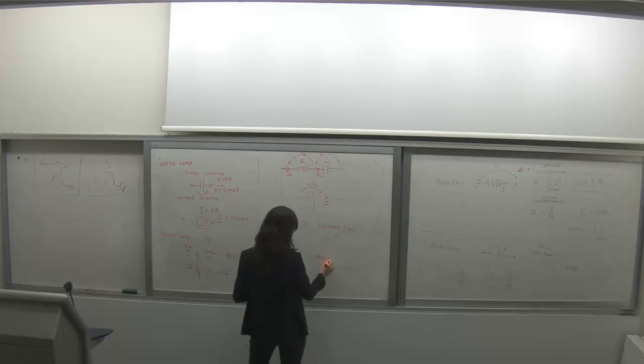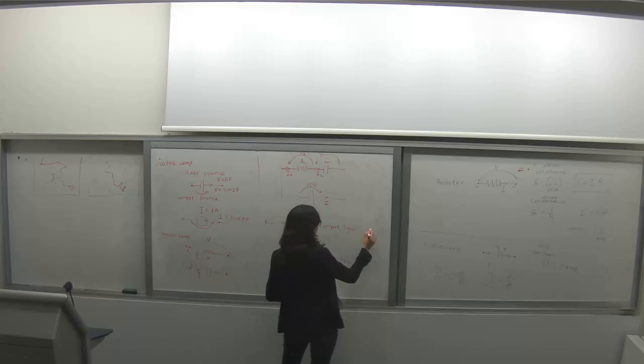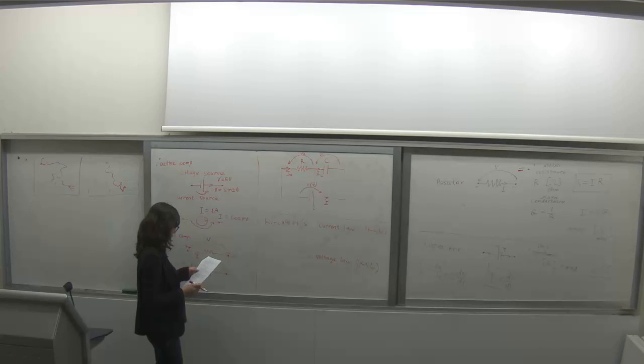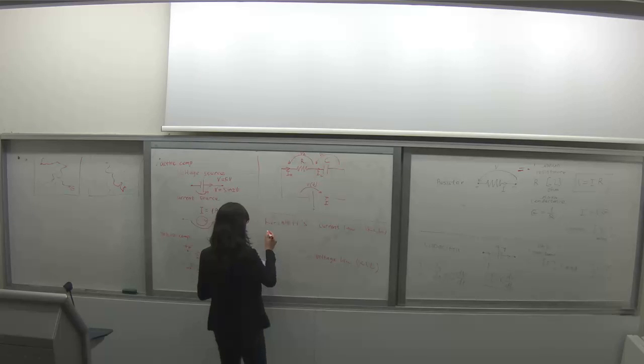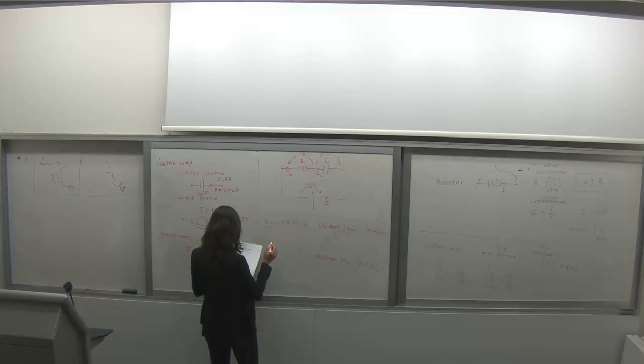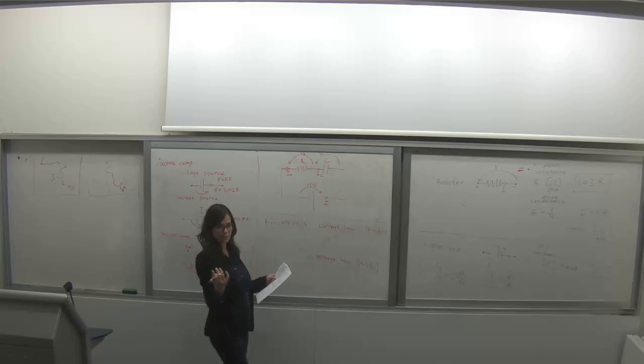And we never write all this, we just write KCL. The sum of the currents flowing into the node is equal to the sum of the currents flowing out of the node.